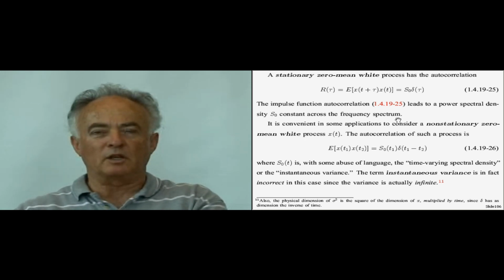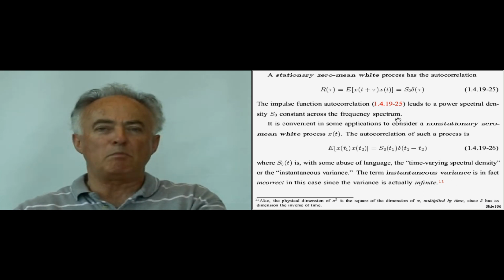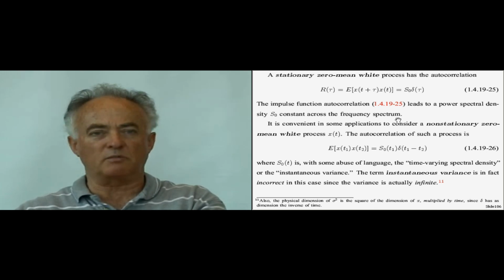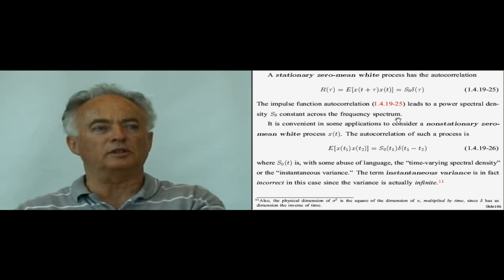So practically, a noise is white if its frequency spectrum is flat over a wide enough range, up to high enough frequency beyond the maximum, the cutoff frequency of a physical system we deal with. And this really provides us a very simple modeling of this particular random process.